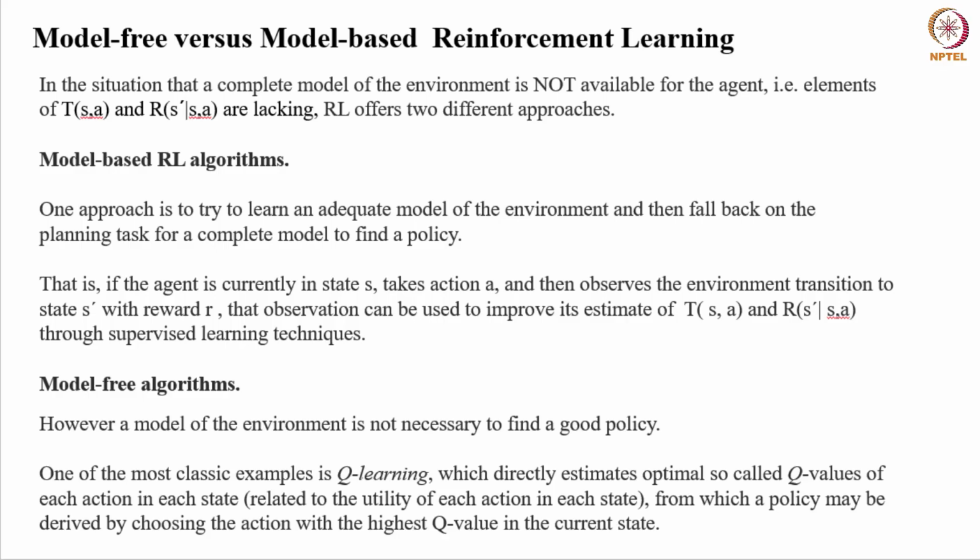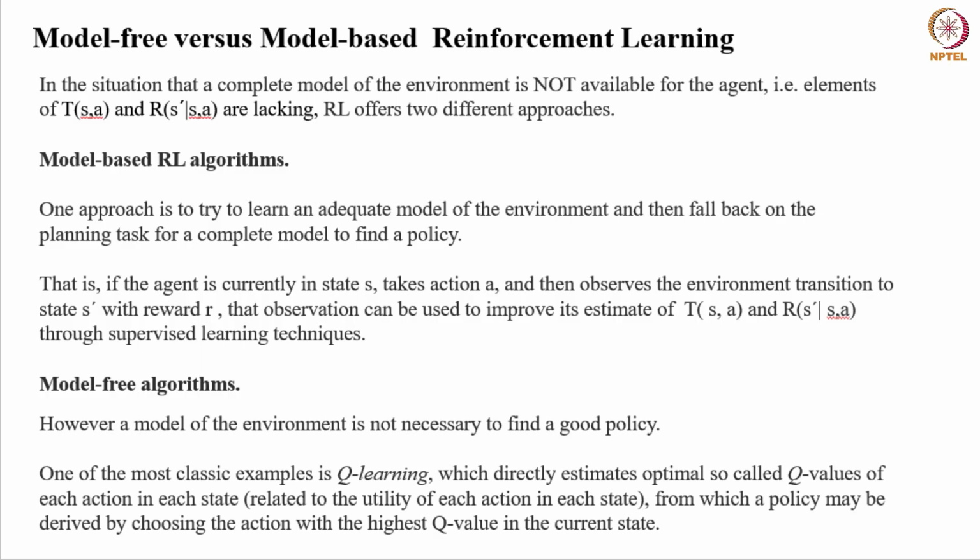The model-free approach is that we give up the goal to complete the knowledge. So actually we give up the quest for completing the transition relation and the reward relation. Rather, we work directly with estimates of the utilities.